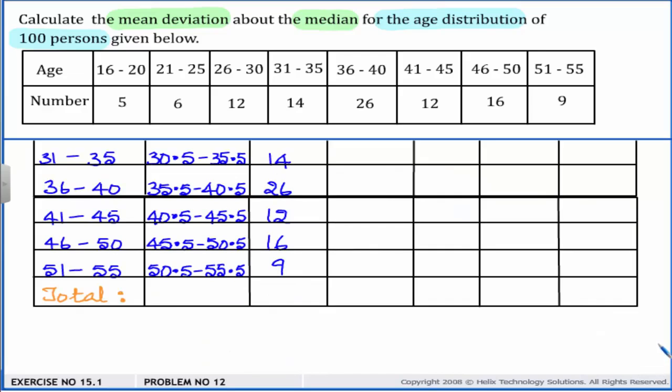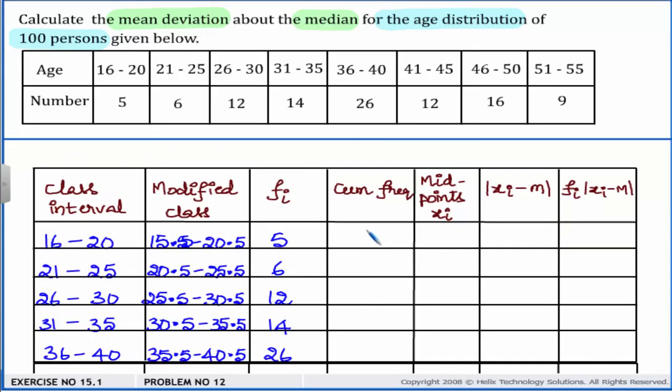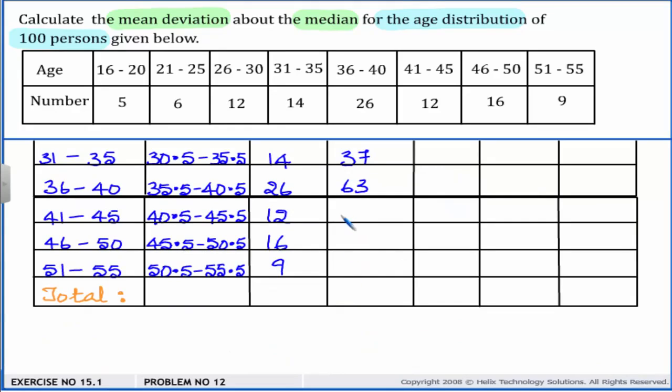So in this column we have cumulative frequency. So this is 5, 11, 23, 37, 63, 75, 91 and 100. Therefore, the sum of the frequencies is equal to 100.